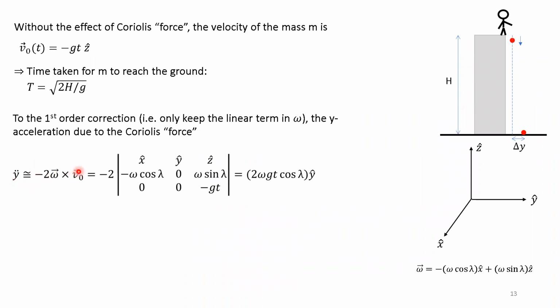So this term here is given by this determinant. And this cross product is along the y direction. And this force will give rise to the acceleration in the y direction. So that's why I have this y double dot given by this.